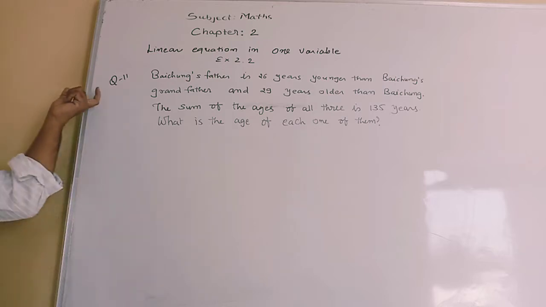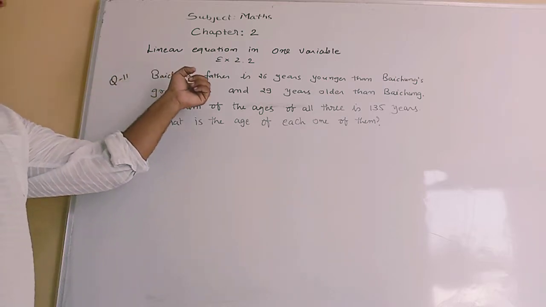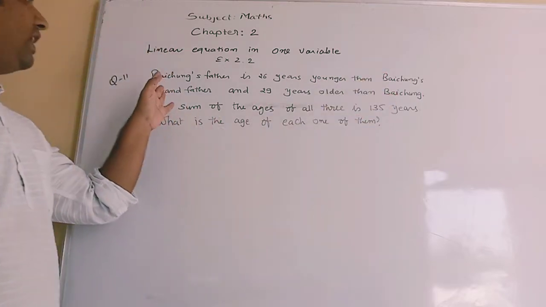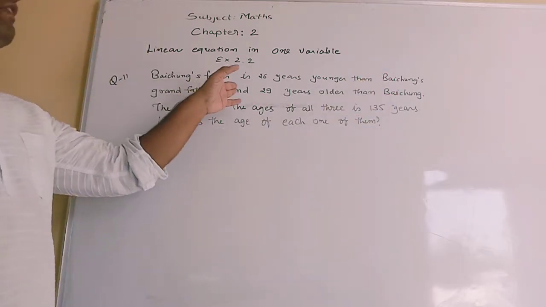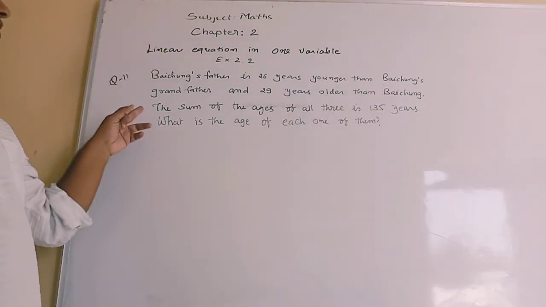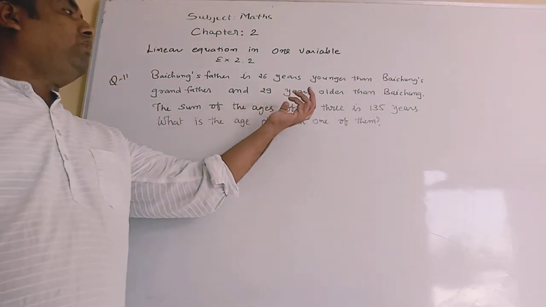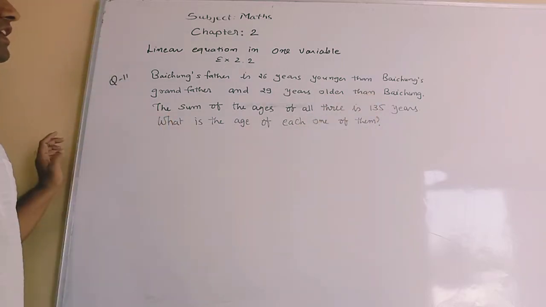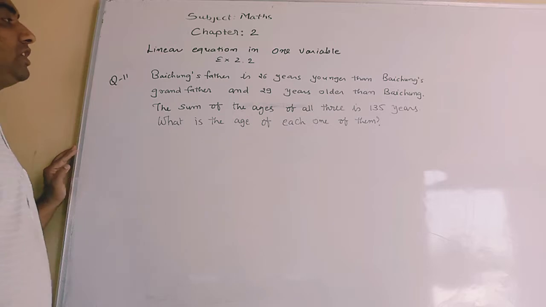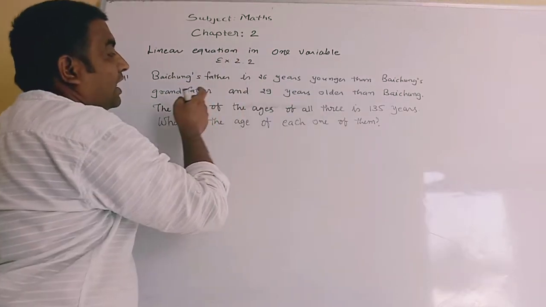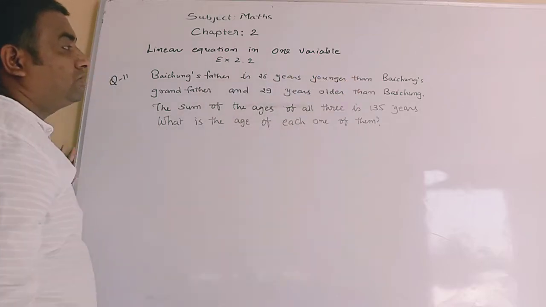We have question 11. Baichung's father is 26 years younger than Baichung's grandfather and 29 years older than Baichung. The sum of the ages of all three is 135 years. What is the age of each one of them? So here three persons are there: Baichung's father, Baichung's grandfather, and Baichung.